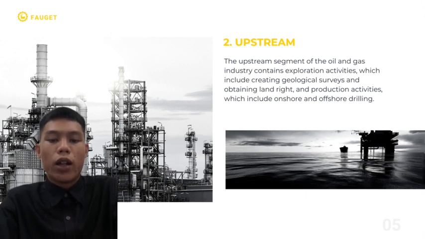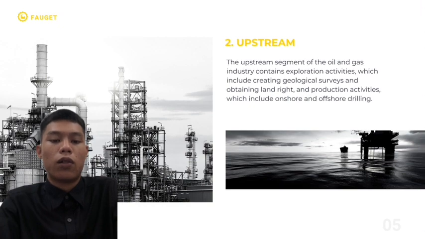However, when an exploration site is successful and oil and gas extraction is productive, exploration costs are recovered and are significantly less in comparison to other production costs.